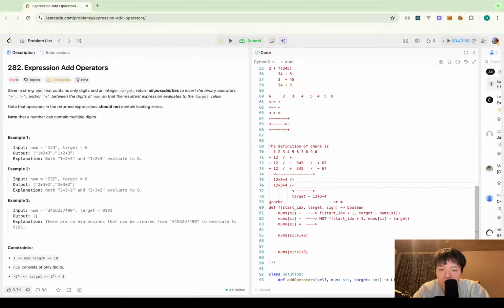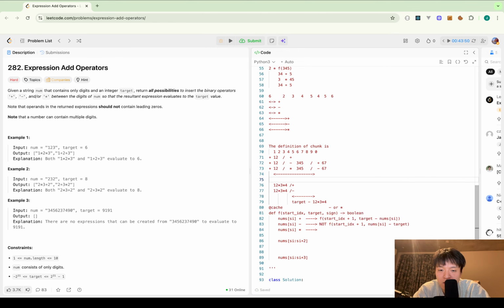So my idea again is I try to take the chunk and I keep choosing the digit, or if I choose multiplication, I keep continuing. But if I try to insert plus, I would say I finish the chunk and start the next chunk.